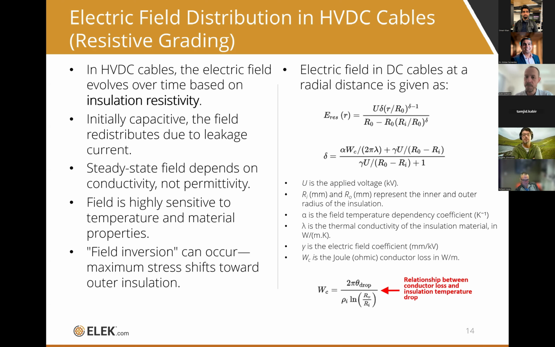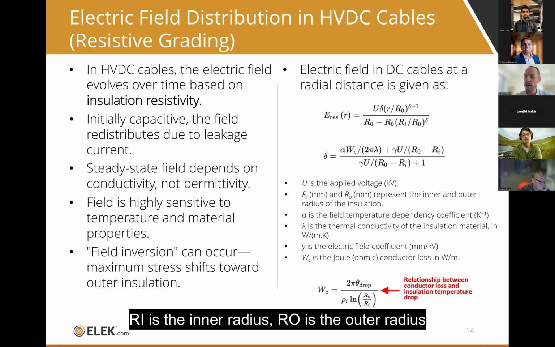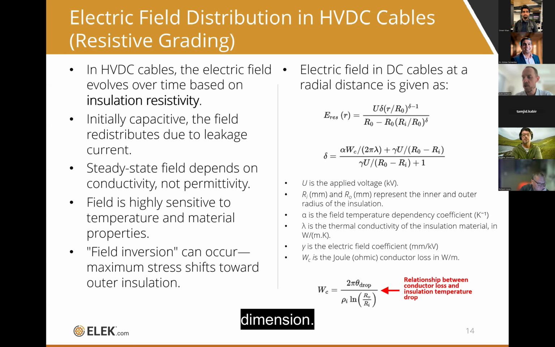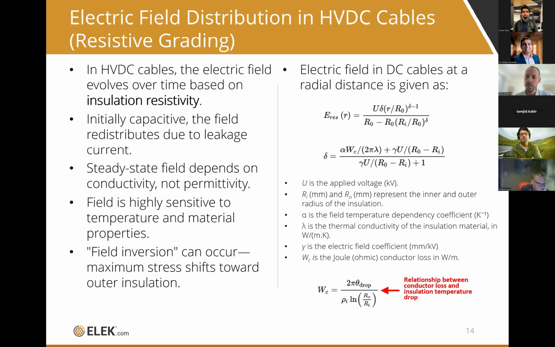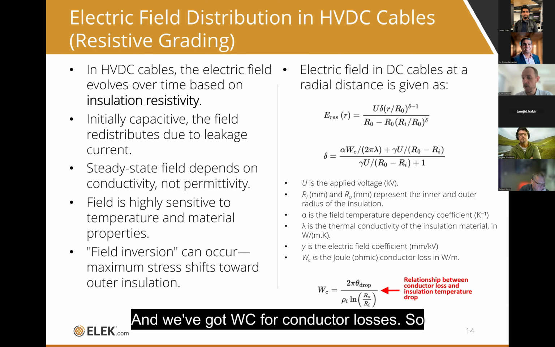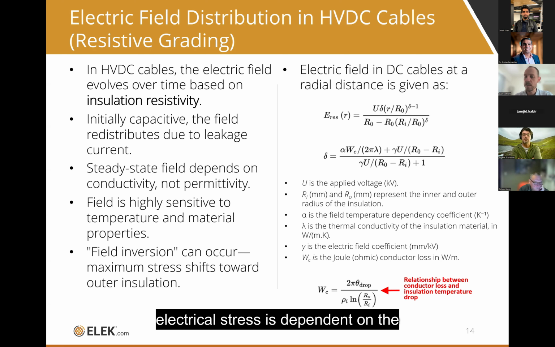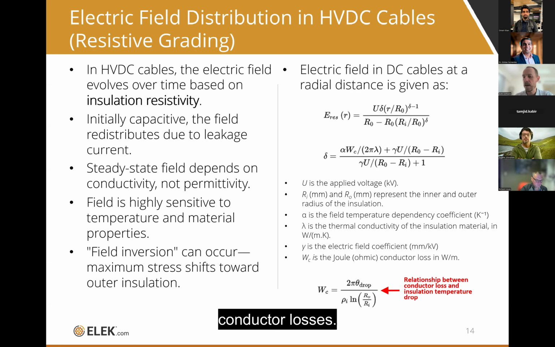So we've got an electrical stress with respect to conductor or insulation radius here. Ri is the inner radius, Ro is the outer radius dimension. We've got operating voltage there, U, and we've got WC for conductor losses. So electrical stress is dependent on the conductor losses.